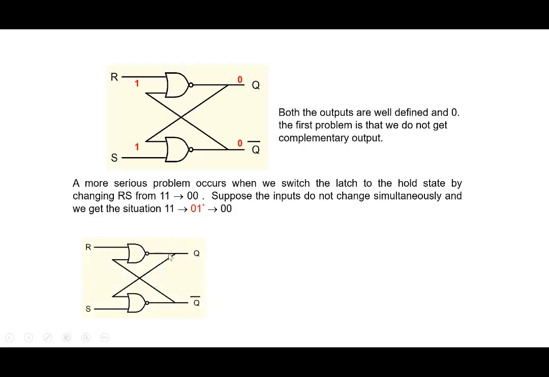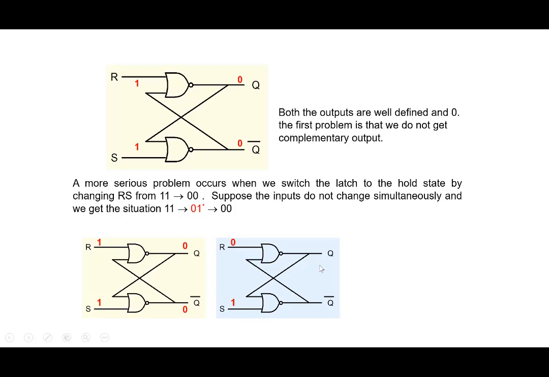And so what happens then? When you apply 1 1, this is 0 0, and then R is becoming 0 and S is becoming 1. So R is becoming 0, S is becoming 1. This is like the set input being activated, so this will go into 1 0. And then you go into the 0 0 state, when finally S also becomes 0.